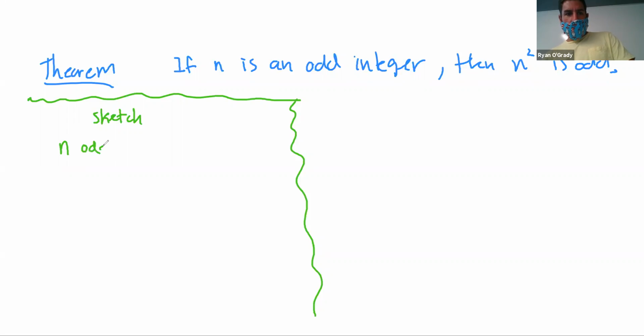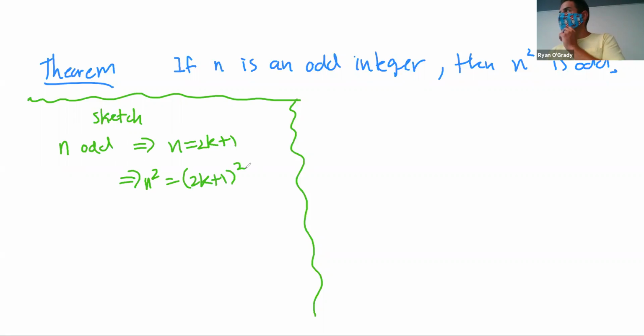N odd, what does that mean? Well, that means that n equals 2k plus 1. And then if n is equal to 2k plus 1, that means n squared is 2k plus 1 quantity squared. And then I can multiply this out and I get 4k squared plus 4k plus 1.